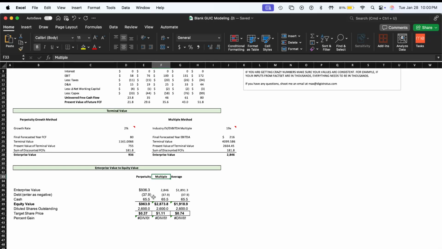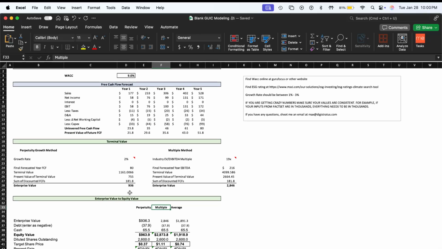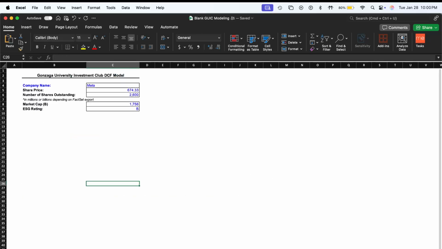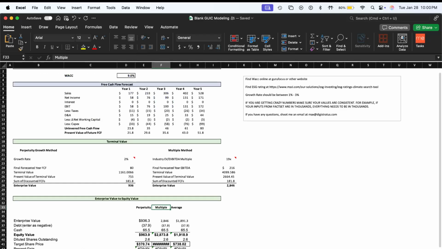The reason for this, like I mentioned earlier, is the translation from the financials to billions. A way you can fix this is to just make this number here divided by 1,000.